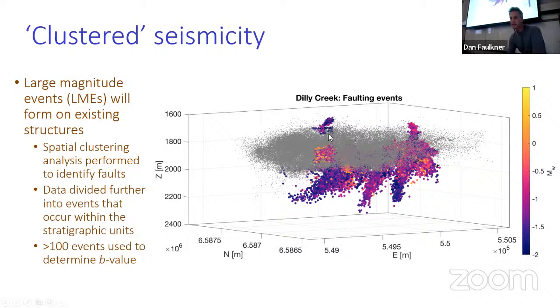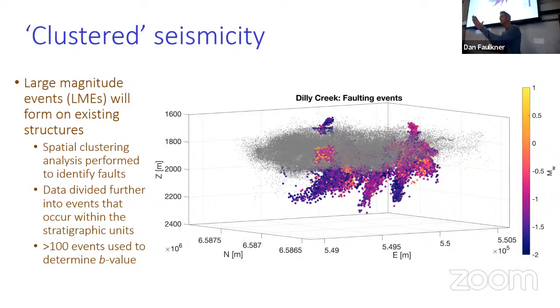So the first thing that we did, looking at this microseismic data set, was to try to separate out these small events, which were just happening in the reservoir horizons, from the seismicity that's occurring on pre-existing fault planes. We did something called clustered seismicity. It's not done very often, but we looked for planar structures within the reservoir that are being illuminated by the microseismicity and that are pre-existing faults.